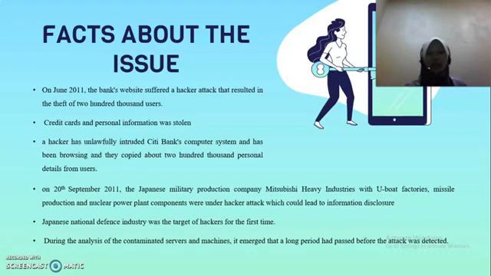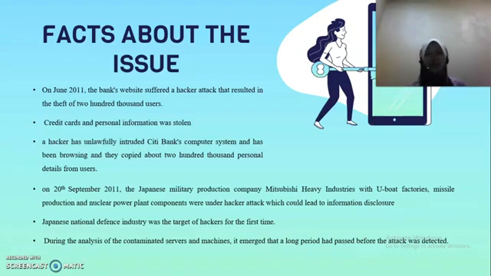Also, on 20 September, the Japanese military production company Mitsubishi Heavy Industries, with its submarine factories, missile production, and nuclear power plant components, was under attack by hackers, which could lead to information disclosure.